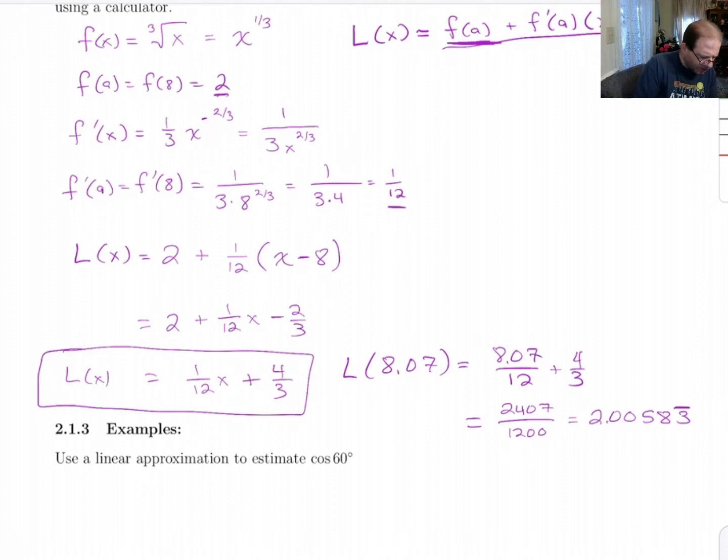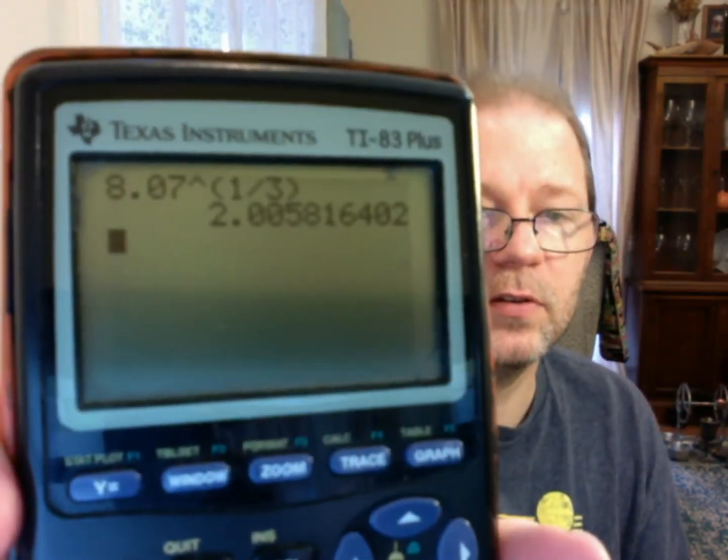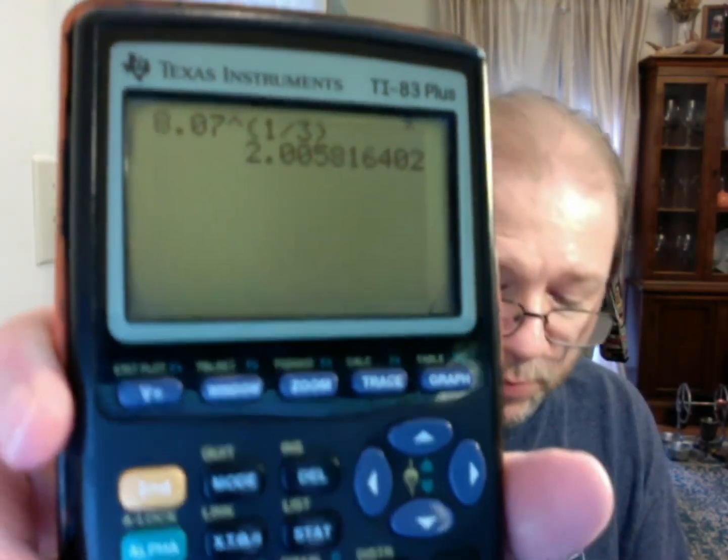Now, my calculator might have a cube root function on it, but I'm not sure. What I'm going to do is put in 8.07 raised to the 1/3 power. That gives me this. And that's pretty close.